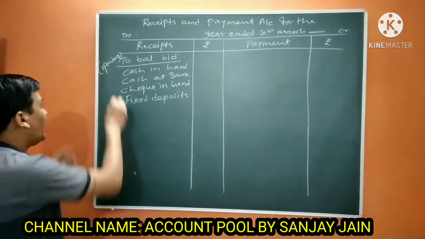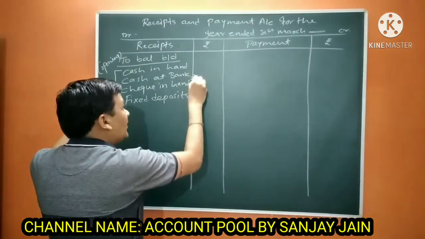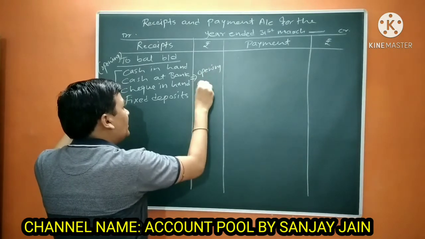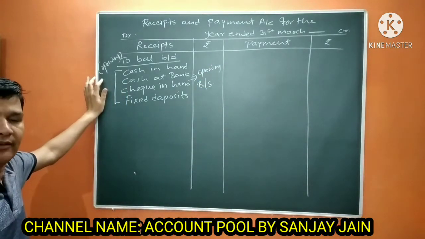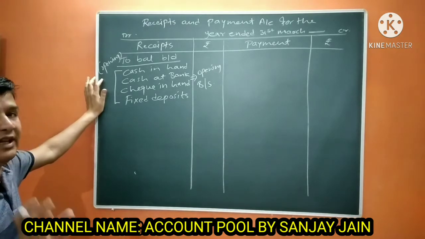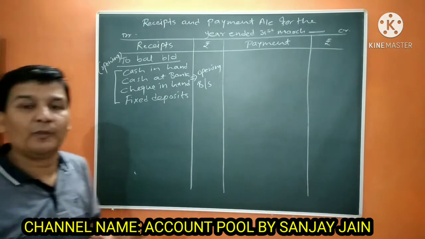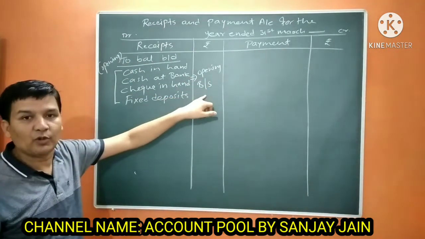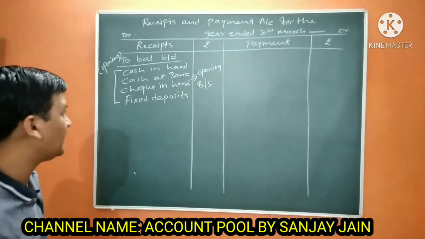So these 4 balances are going to be transferred in the opening balance sheet. You should remember this thing. When we have that 6-mark question, we are going to test these balances in our opening balance, because this is our opening balance. So opening balance will be posted in the opening balance sheet. You should remember this very properly.